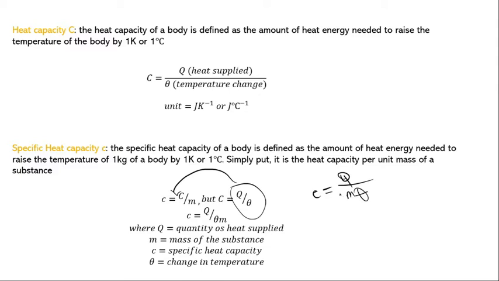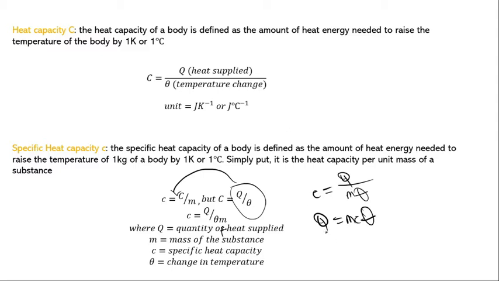Now if we make the heat energy or the heat supply the subject, we get Q equal to mc delta theta, where Q is the quantity of heat supplied, m is the mass of the substance, c is the specific heat capacity, and delta theta is the change in temperature.